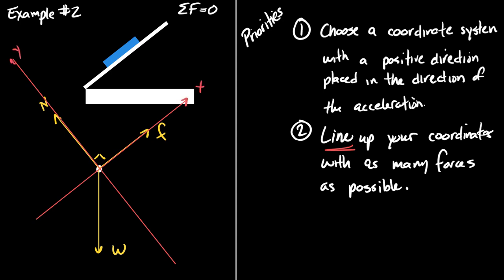Now, I only have one force that would have to be dealt with. One force where I'd have to do trig. So the weight is an off-axis force. I would have to resolve it into components that lie along the y direction and along the x direction. There's probably a relationship between this angle and one of these two angles.